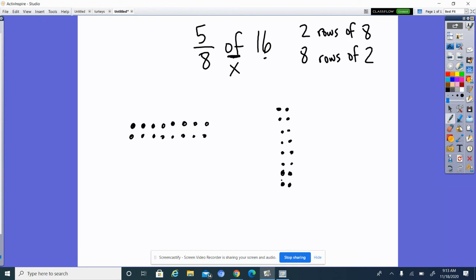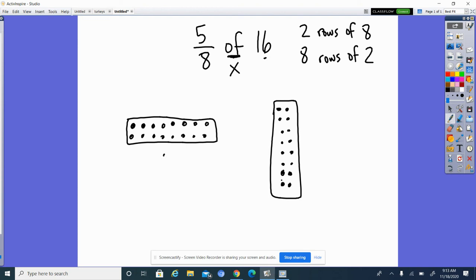Hey, did you draw one of those arrays? Yes. Okay, what's the next step that I need to do? Yep, make it into a rectangle. Okay? All right, I need those of you that did this array, how are you going to cut it into 8s to make them 8 equal pieces? Yes, down here.